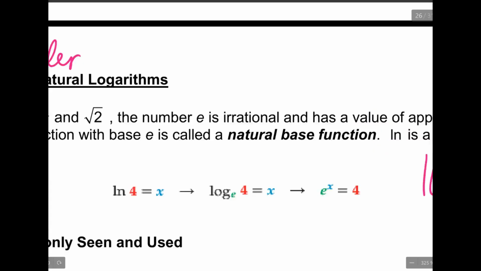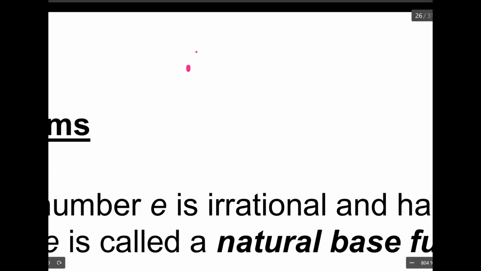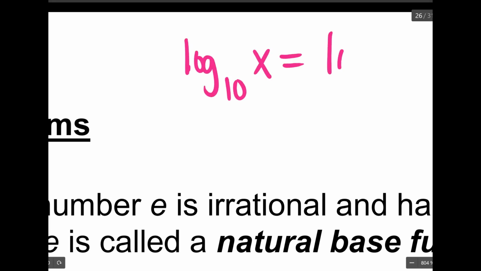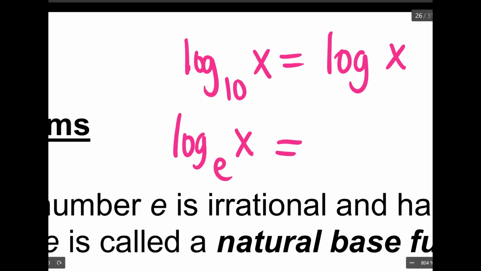All right, a little reminder. Log base 10 of x, we can just write as log of x. If I have log base e of x, I can write this as ln of x. ln, natural log. You're literally taking log with the base of e.